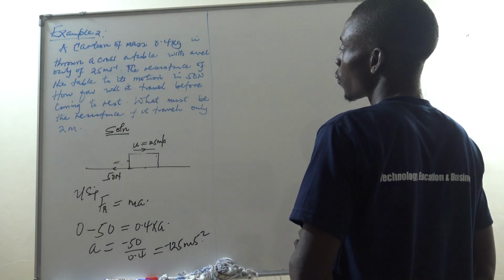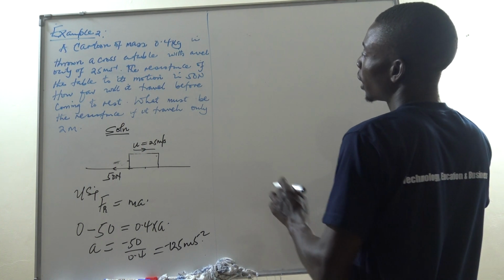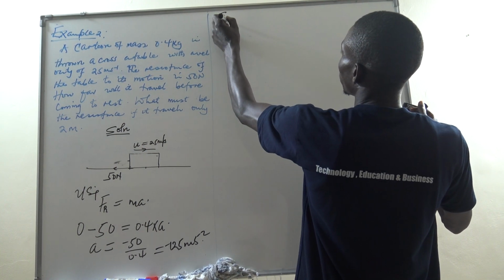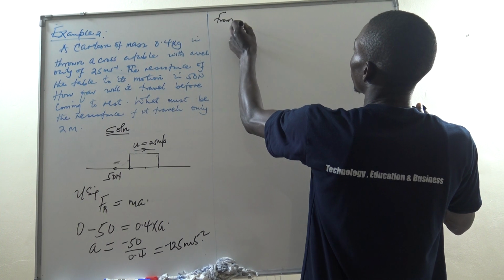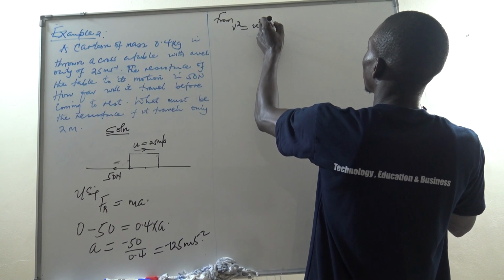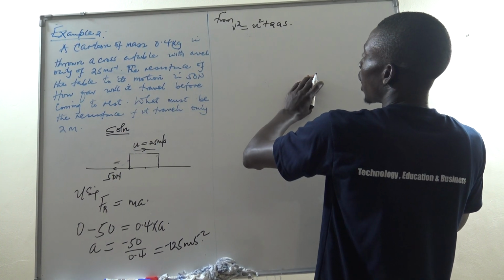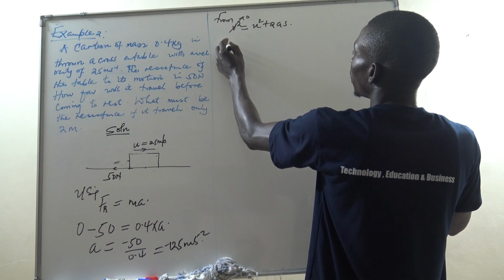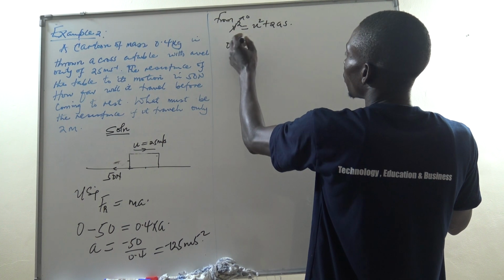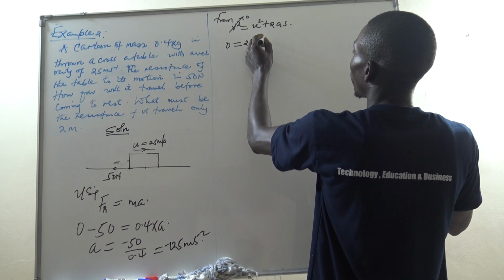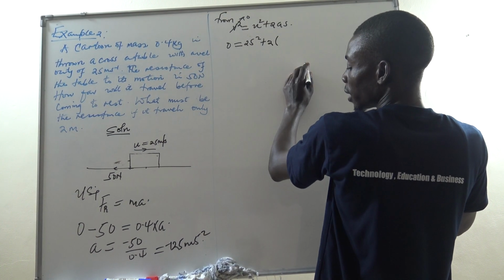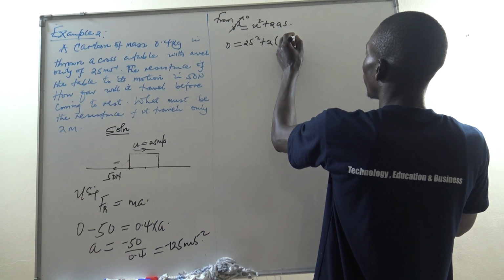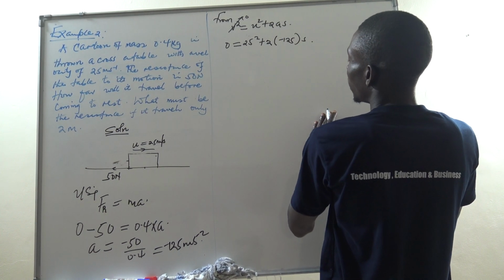But our interest is to find out how far it will travel before coming to rest. And now we can say from v squared equal to u squared plus 2as. If it comes to rest, that means that the final speed will be 0. So I will say 0 is equal to the initial speed 25 squared plus 2 into acceleration, negative 125, times s, isn't it?